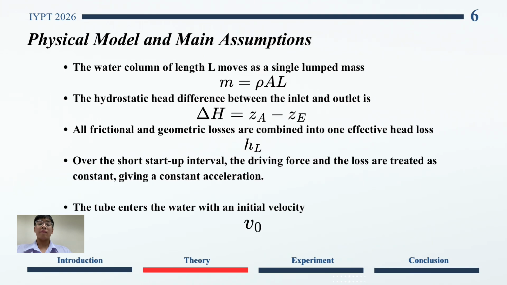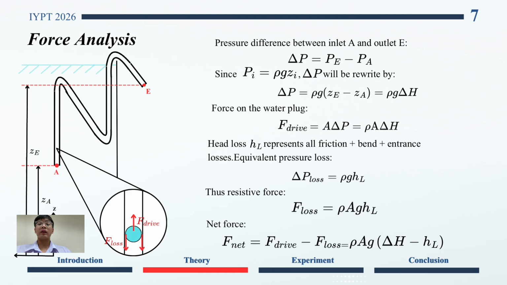First, we use HL as head loss, and over the short startup interval, acceleration is constant. We can calculate the net force from the difference of the drive force, from the difference of pressure of inlet and outlet, and the loss force that can be written as rho A g HL.